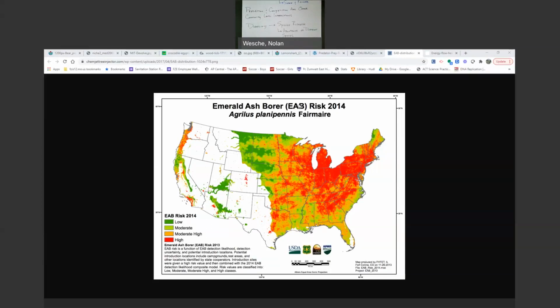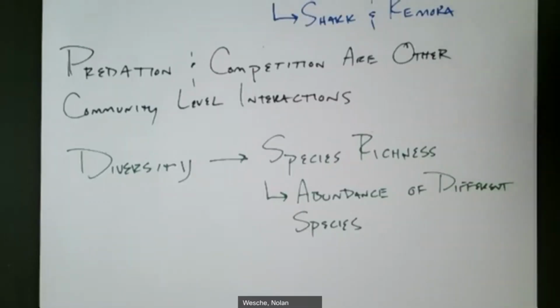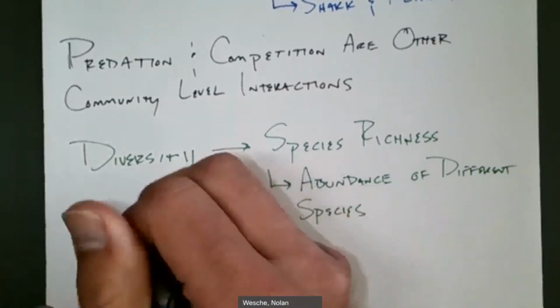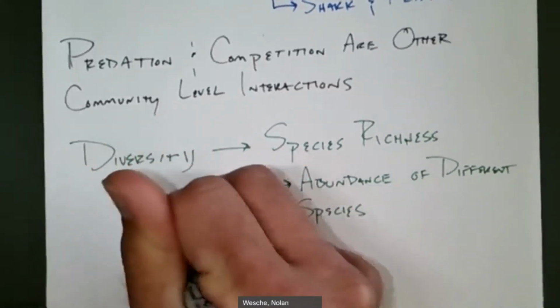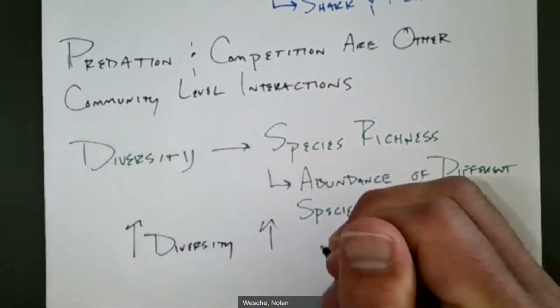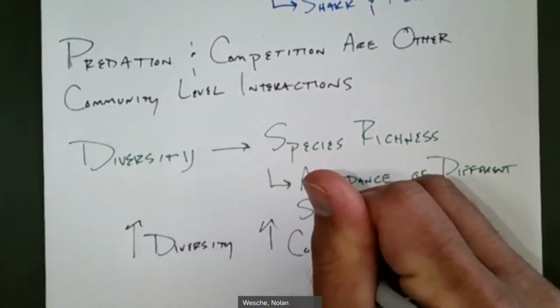So again, the greater diversity you have in species richness, the more likely it is that you're going to be able to resist instability. So what we'll say here is that if we increase the diversity, we can increase the community stability.